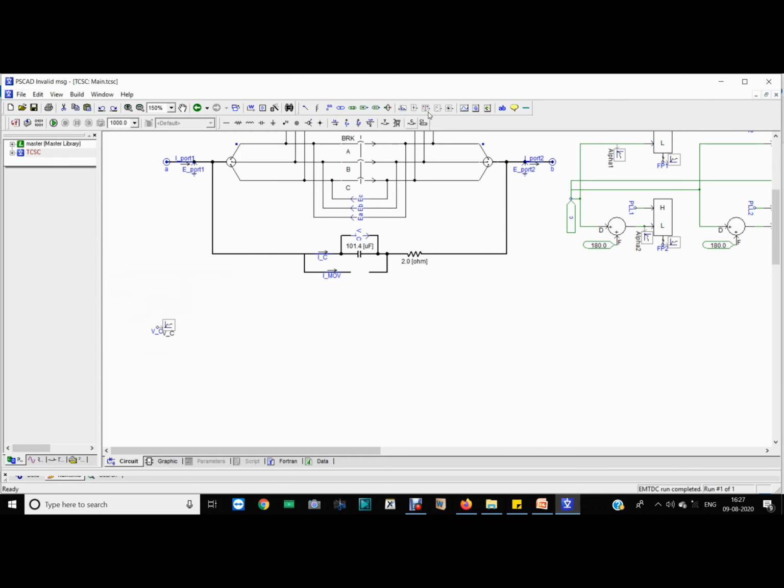Now connect overlay graph and now run it again.